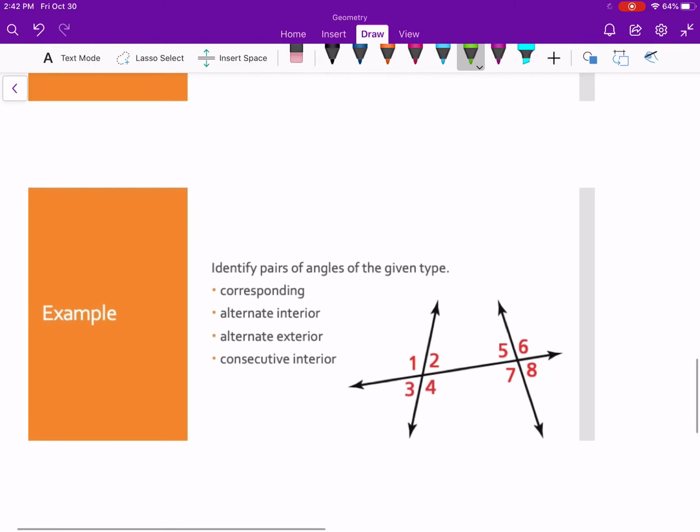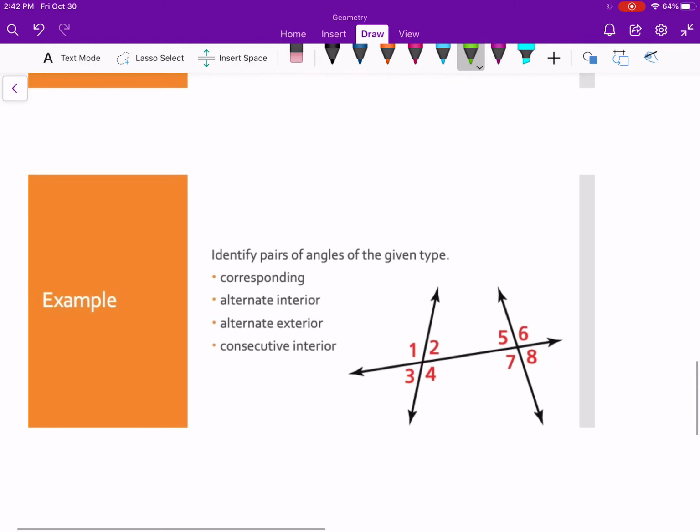So let's identify pairs of the given type. Corresponding angles. Examples of corresponding angles would be like 1 and 5, or 2 and 6, or 3 and 7, or 4 and 8. Same side of the transversal, and then either both to the left or both to the right of those two lines.